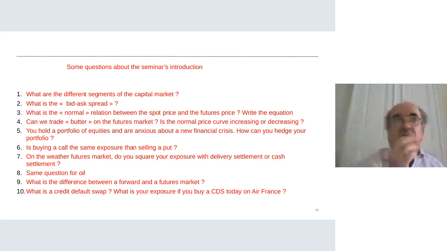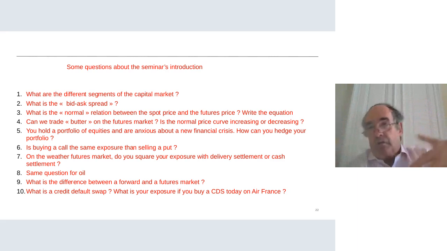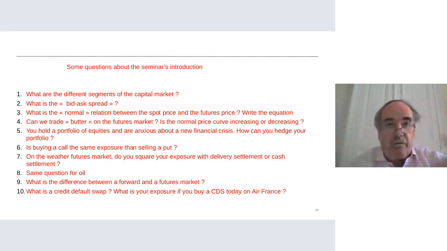To be long, what does that mean? To be short, what does that mean? To be long is to buy. When you buy something, when you hold something, you are long. When you sell something, you are short. When you have to buy in the future, you are short. So to be long is to hold or to buy.